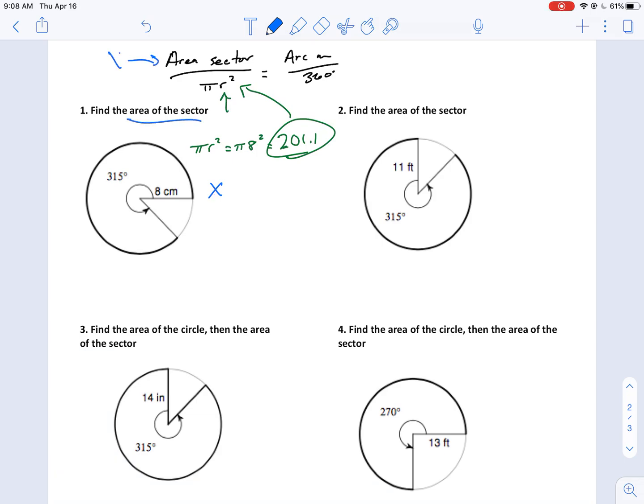It's going to get me 201.1. So this is going to go in here. Okay, now let me do this in blue. So I want to find the area of the sector. This is what I'm looking for.